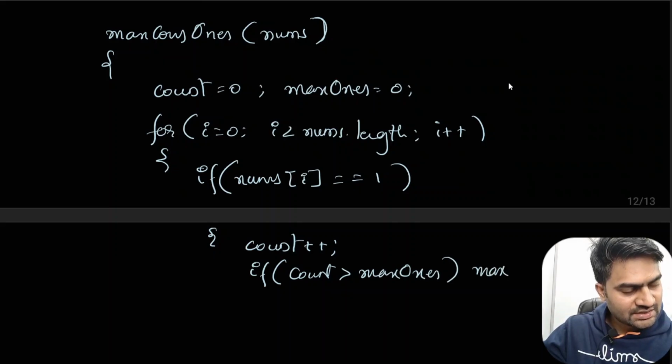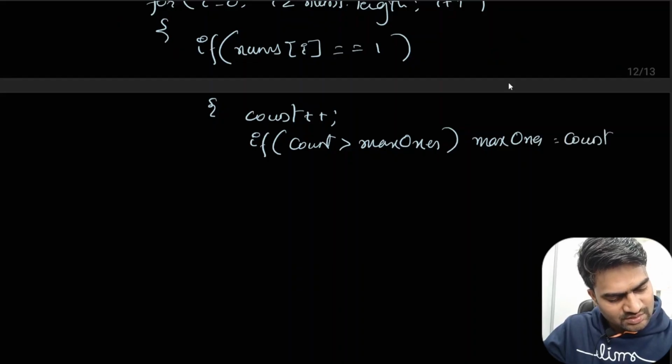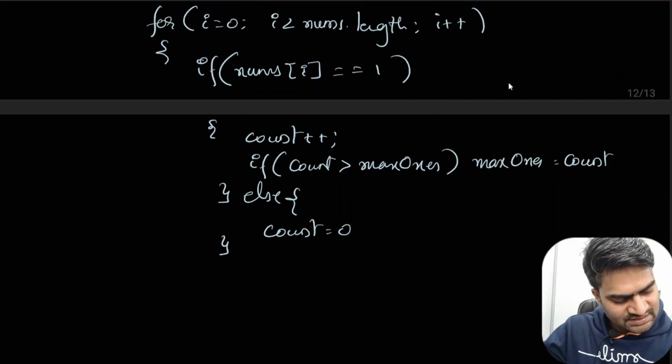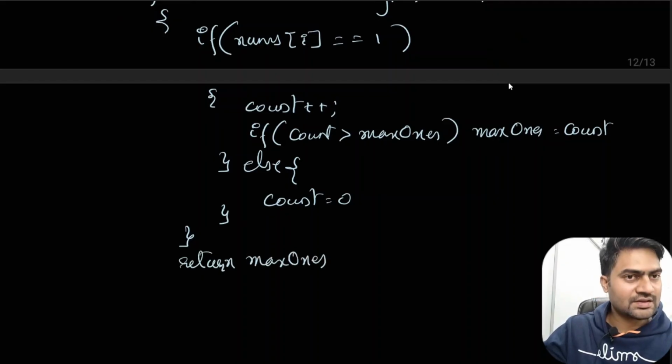I will update my max ones with my count value. If that is not the case, if it is 0, then I will have to reset my count to 0. So once after this for loop completes, I will return my max ones.